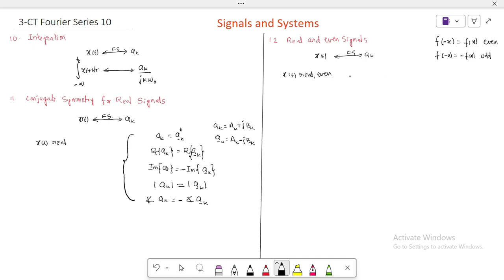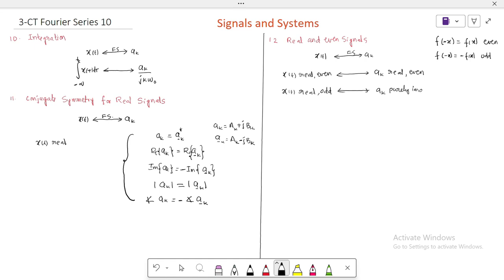If x of t is real but odd, then ak becomes purely imaginary and odd. So once x of t is odd, the real becomes complex.